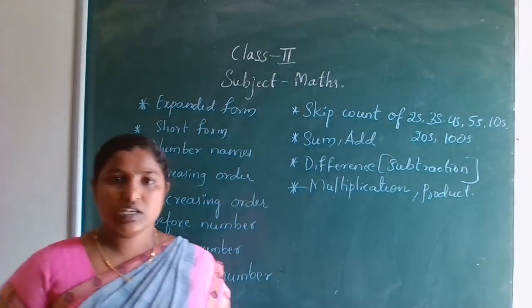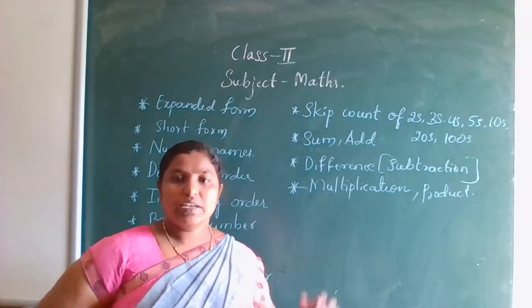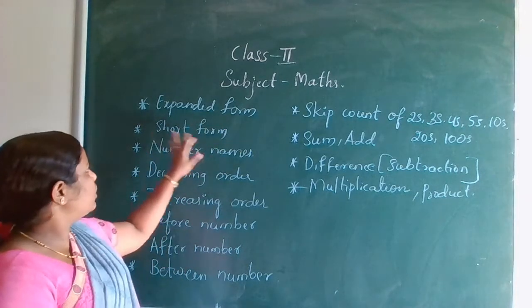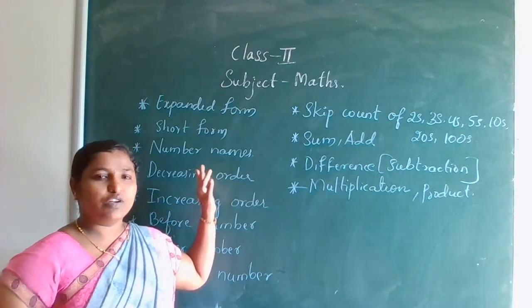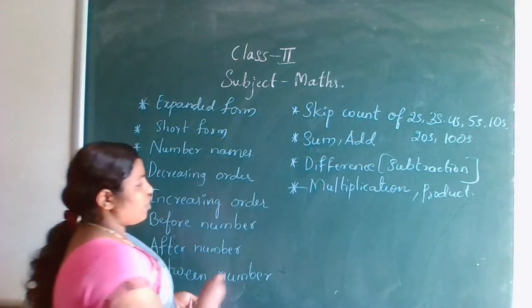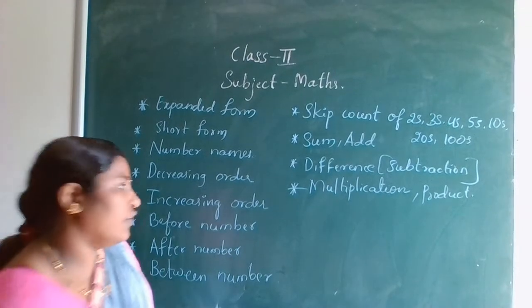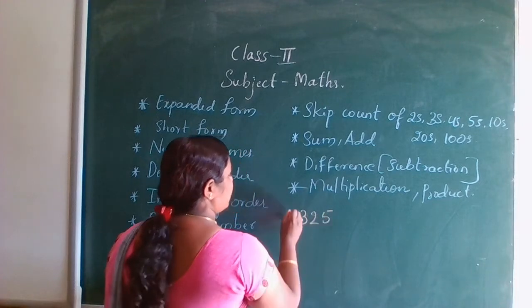So we will discuss one by one. Let us see one by one. Expanded form, short form, number names. These three are very familiar. What is short form? If I take one example, 325.